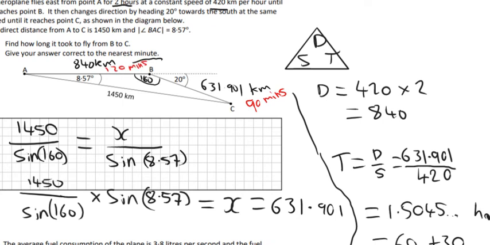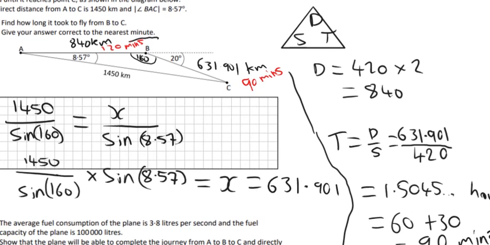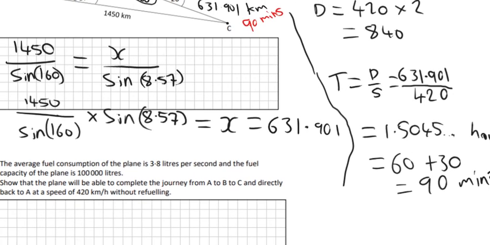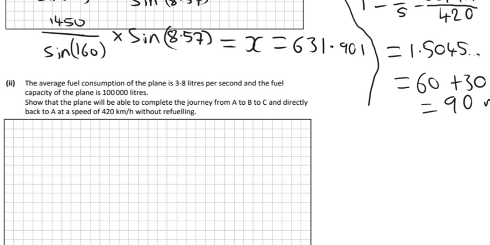Then we have the distance and we have the time for AB and BC, but we don't have the time for CA. So we can work that out. So the time was the distance over the speed. So distance is 1450 and the speed again is 420. It's always 420.